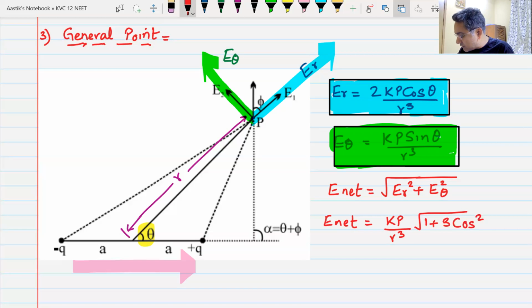That is how you must remember it. And then there is an angle you can see here, this pink angle phi. Remember the value of this tan phi. It is half of tan theta.